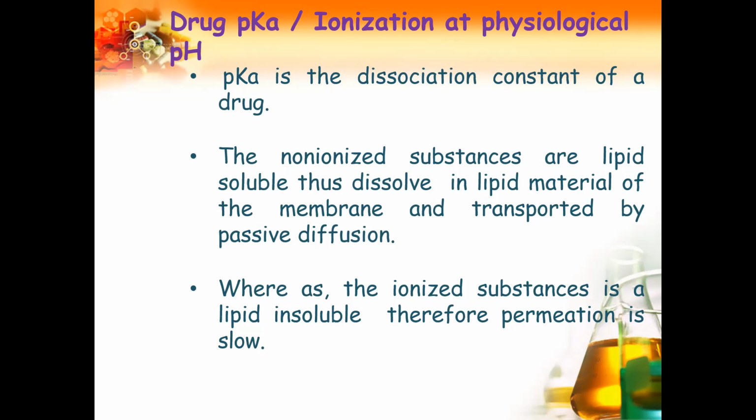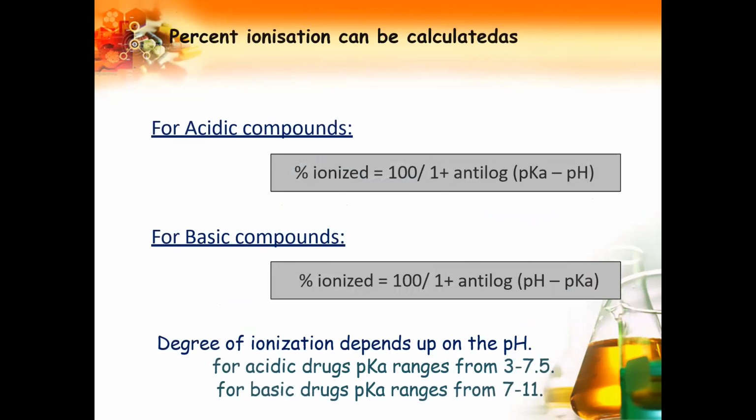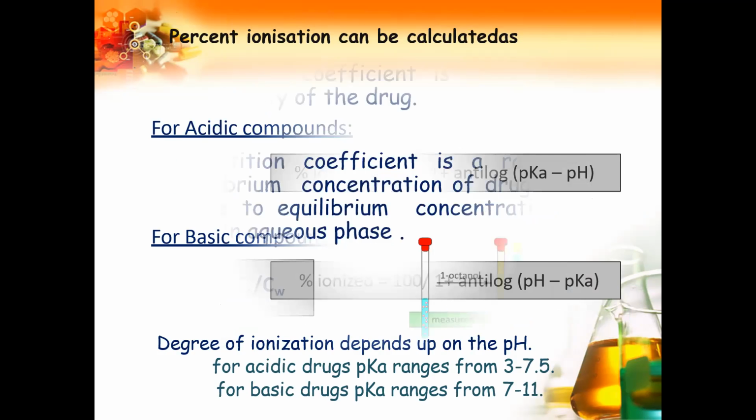Thus, they dissolve in the lipid material of the membrane and are transported by passive diffusion, whereas ionized substances are lipid insoluble, therefore permeation is slow. Percent ionization can be calculated using the given formula for acidic and basic compounds. The degree of ionization depends upon the pH. For acidic drugs, pKa ranges from 3 to 7.5, and for basic drugs, pKa ranges from 7 to 11.